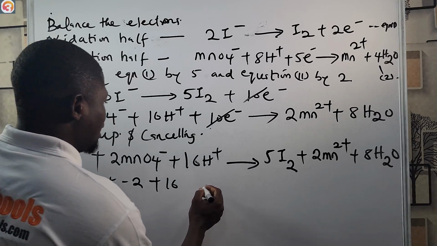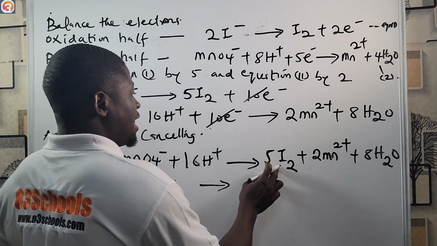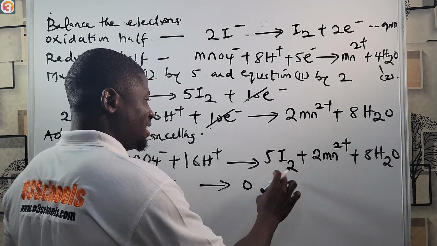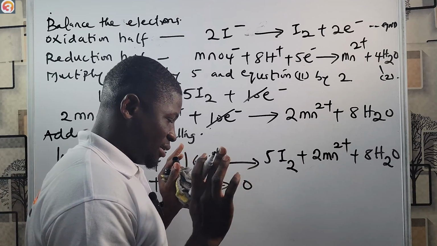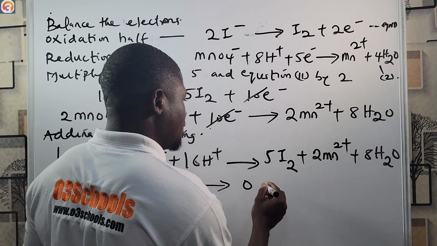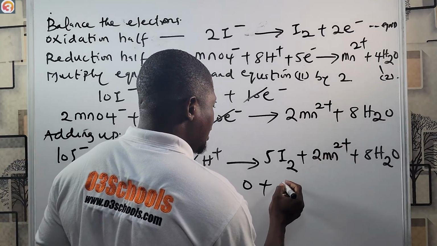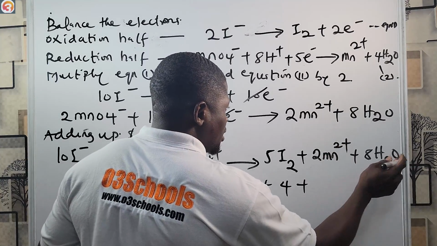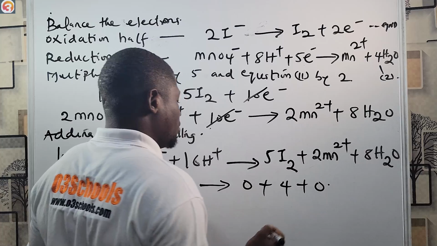Then let's see the right-hand side. Here it is 0, because this is a free atom, an element in the free state. Then plus 2 times 2, that is 4. Then plus 8 — this one is also in the free state, so we have 0.